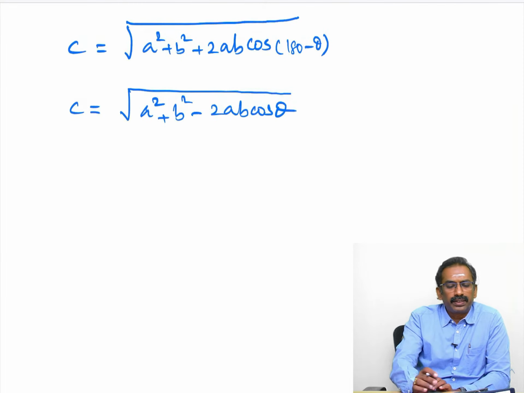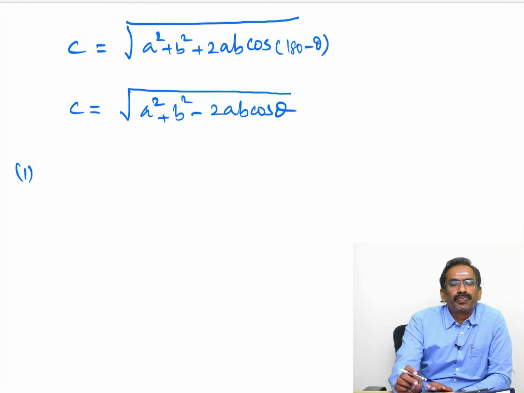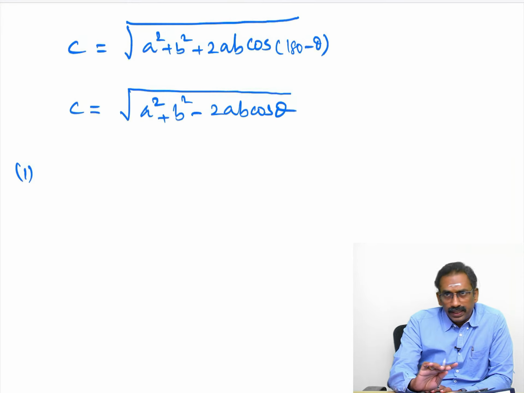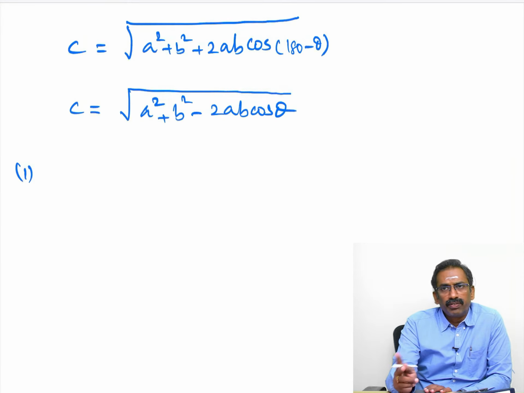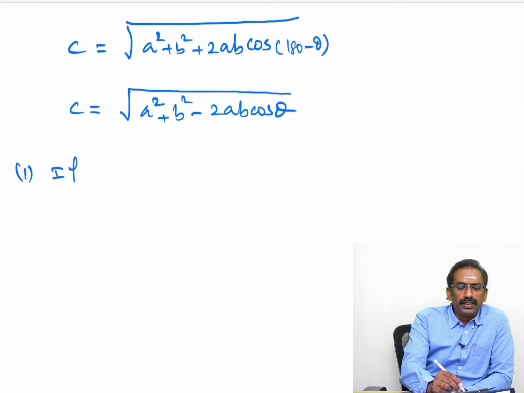We can see cases. Case 1, if two vectors a vector and b vector act in the same direction, then what is the a vector minus b vector magnitude? We are going to see.